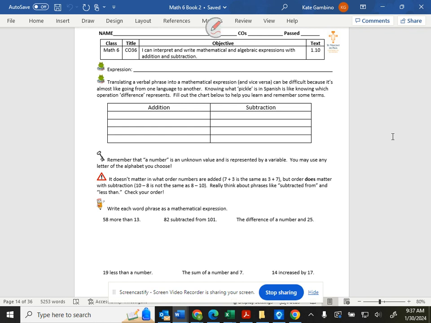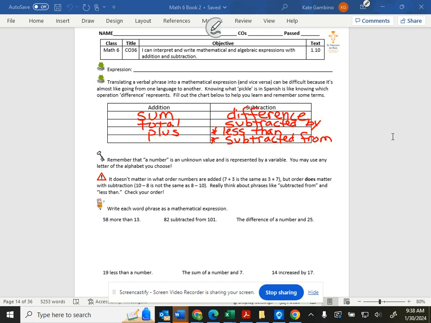So remember, some things that we had put in there were addition was the sum, the total, plus, or subtraction, we had difference, subtracted by, and then these last two I'm putting stars next to. Less than and subtracted from. Why did I put stars next to those?